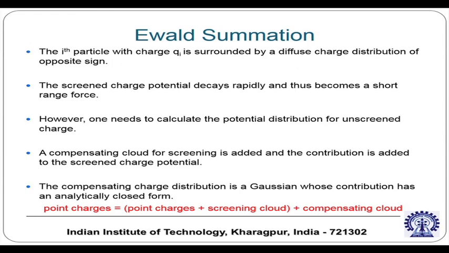However, one needs to calculate the potential distribution for the screening charge. A compensating cloud for screening is added and its contribution is added to the screened charge potential. The compensating charge distribution is a Gaussian whose contribution has an analytically closed form. So, point charges can be equivalently represented by point charges plus a screening cloud plus a compensating cloud that compensates the screening.